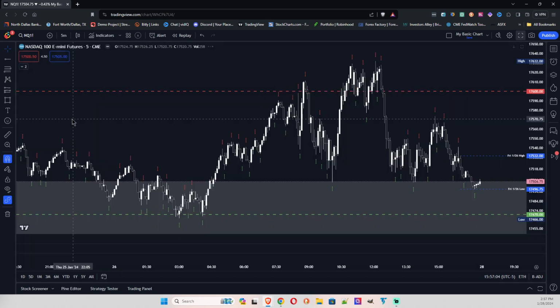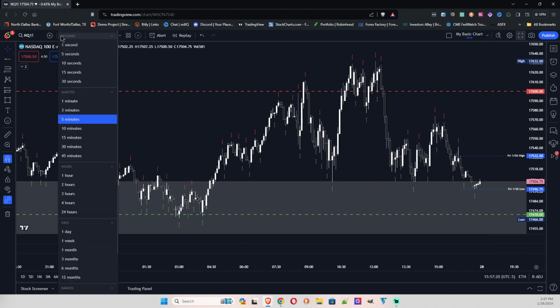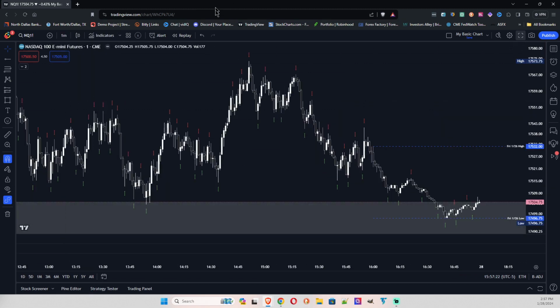Back to a 5-minute chart. Trying to rush this, but I've never really done it during a recording, so bear with me. I've got my highs and my lows. So what I'm going to do when the market opens tonight at 1800, this is futures, futures open at 6 p.m. Eastern Time on Sunday night, I'm going to mark where we open.